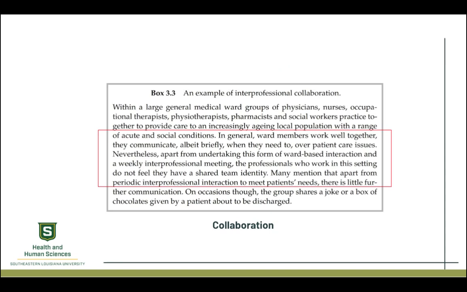But after this ward-based interaction, they all go their separate ways and do the things they are meant to do. There's no shared team identity. They're just people who work in the same setting and walk around the same area.